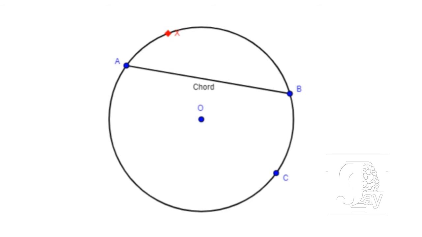The area enclosed by the chord and the minor arc is known as the minor segment, and the area enclosed by the chord and the major arc is known as the major segment. Now again, major segment and the minor segment both complement each other to form the whole circular area.